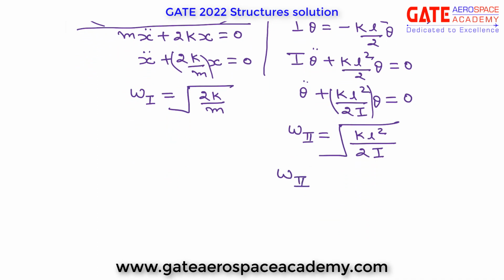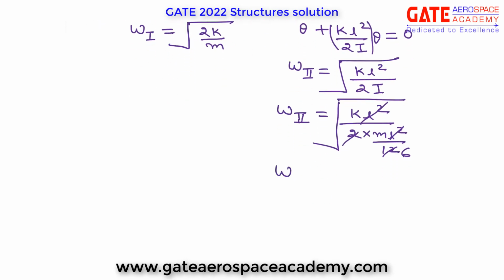Mass moment of inertia, we already know, that is m L square by 12, correct? So 2 into I is m L square by 12. This will get cancelled out. So omega 2 is equal to under root 6k by m.